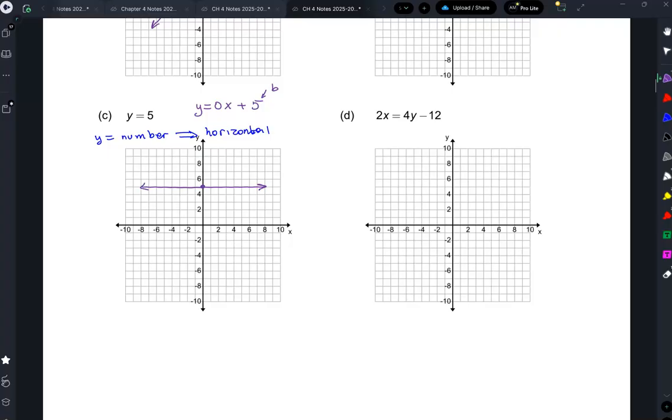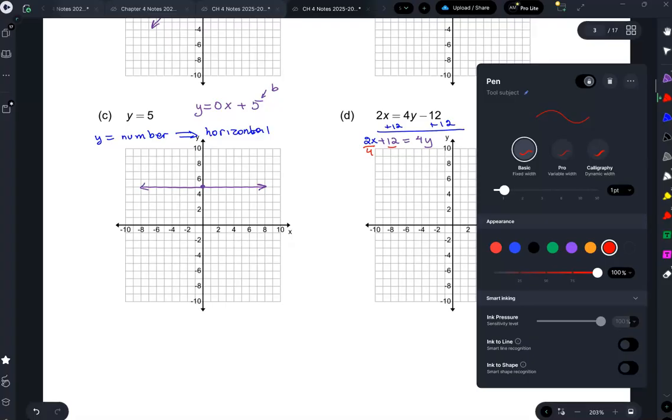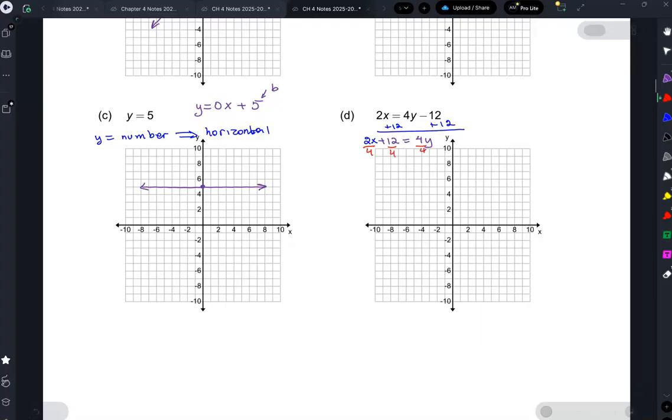Okay, here, I need to solve for y. So let's add 12. So I get 2x plus 12 is equal to 4y. Now what am I going to do? Divide by 4. Exactly.